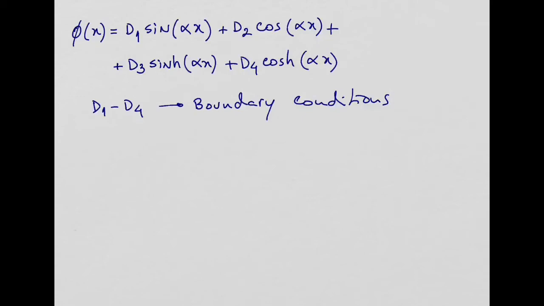For example, if a beam is clamped, or with a hinge or pinned, or a free edge, you will have different boundary conditions, and that will allow us to calculate these four constants. Let's do an example for the most simple one, which is the pinned beam, okay?